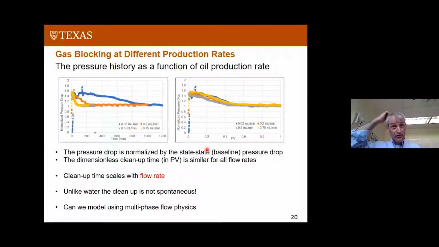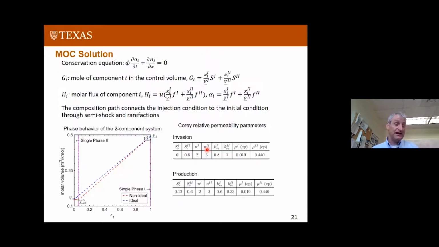Okay. Question is, can we model this in a, well, not simple, but a straightforward multi-phase flow physics model with gas and with dissolution? And yes, you can. You have to be careful. You can use some MOC theory, the method of characteristics, where we can assume it's a front going in and a front going out.